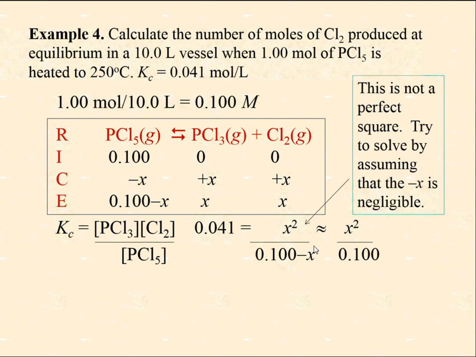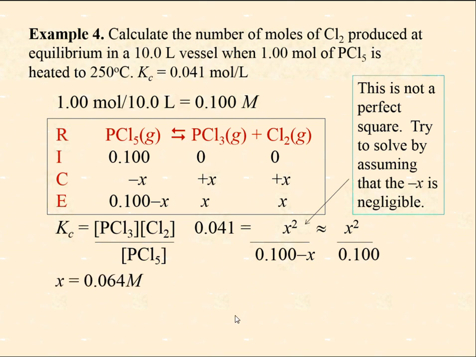This X may or may not be neglected because we don't know what its value is. So the way we determine if it's okay to do this is we go ahead and solve for X, neglecting this. And so our equation ends up being 0.041 is equal to X squared over 0.100, assuming this X is a very small value.